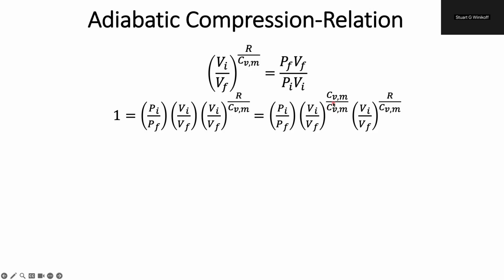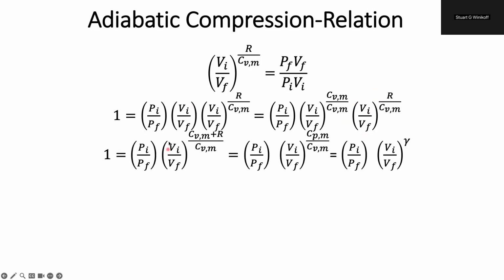And I can express this as isochoric heat capacity over isochoric heat capacity. When I do this, I can now combine my two volume terms by simply adding together the numerators. So now I have my ratio of pressures times the ratio of volumes, but in the exponent, I now have isochoric heat capacity plus R over the isochoric heat capacity.